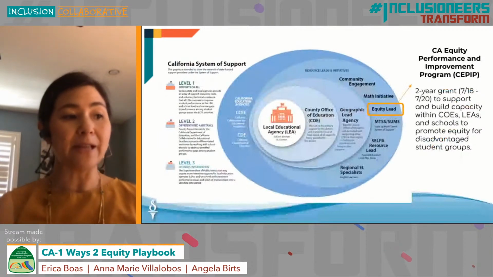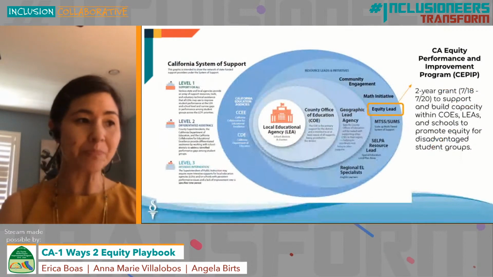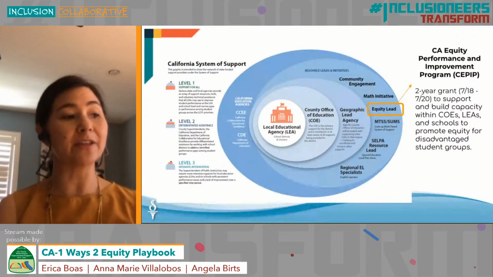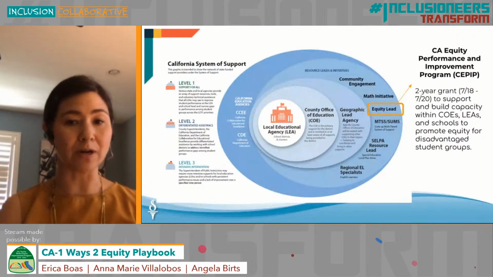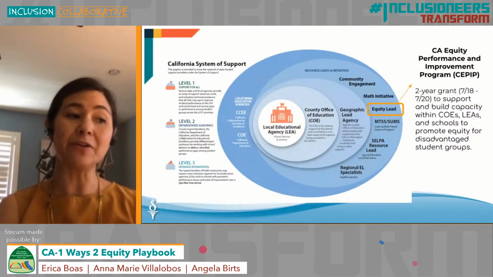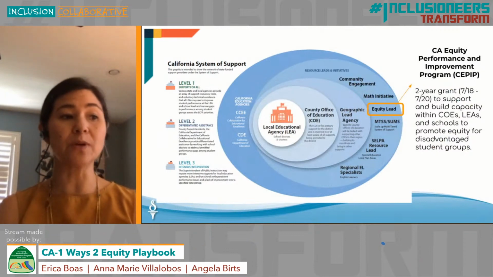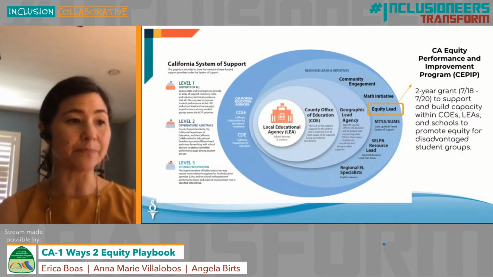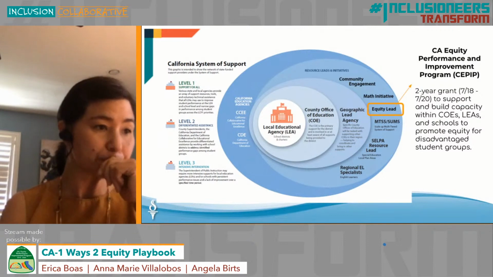The Ways to Equity Playbook is the outcome of a state equity grant that's part of the California System of Support. The Santa Clara County Office of Education is one of 2 state equity leads in California.